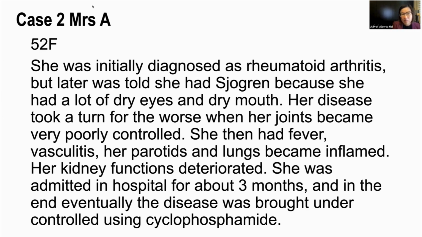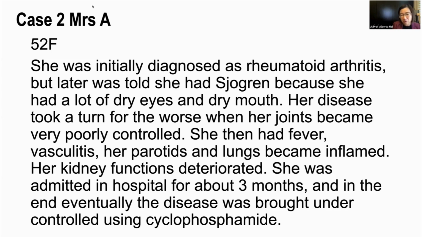And then the next case is a 52-year-old lady who was initially diagnosed with rheumatoid arthritis, and then later on she was told that she has Sjogren's because of her symptoms of dry eyes and dry mouth. Then some years into her illness, her disease took a turn for the worse and she had quite severe joint involvement.